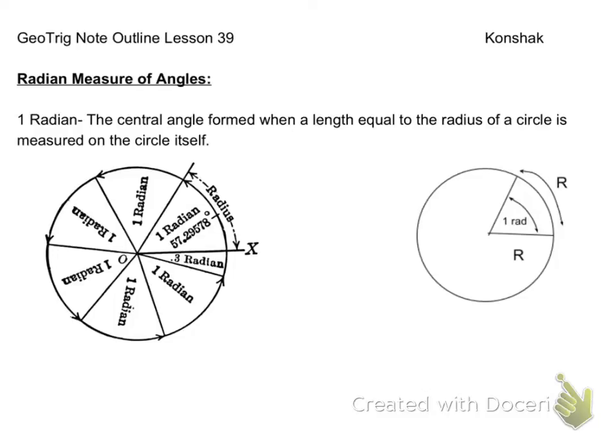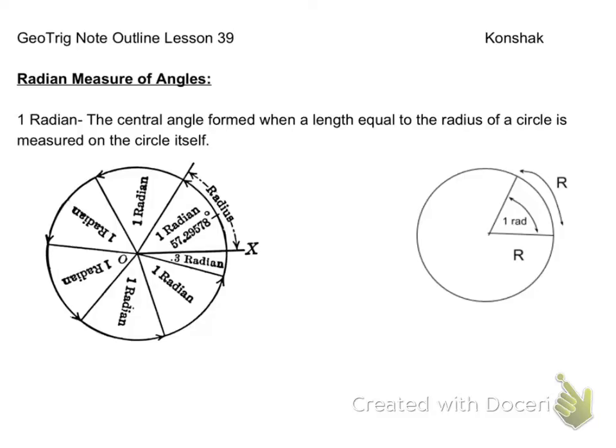Or, if you take the distance around a circle and divide it by its radius, you end up with 2 pi. 2 pi is the distance around a circle. There are 2 pi radians in a circle, which is, if you remember what pi is, 3.14, so 2 pi is 6.28.